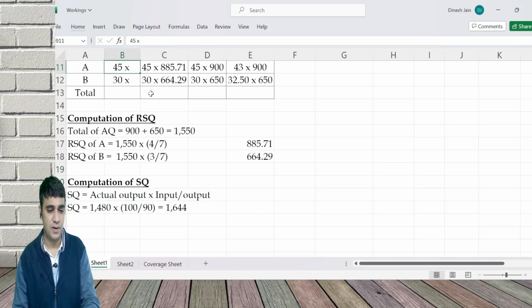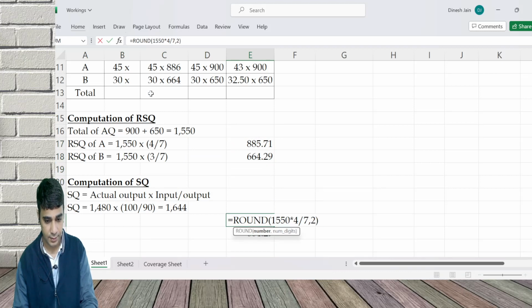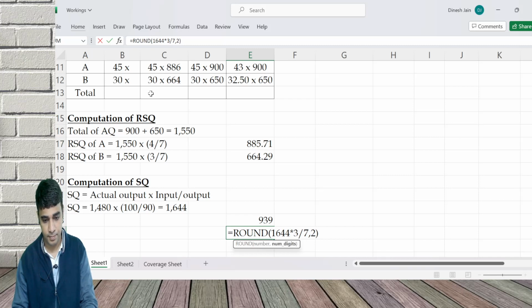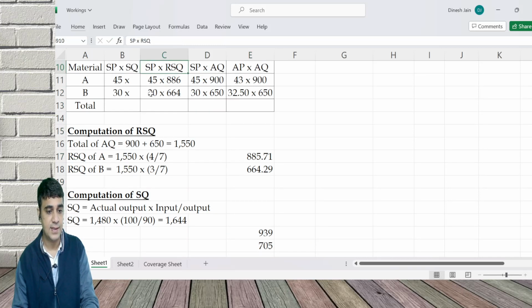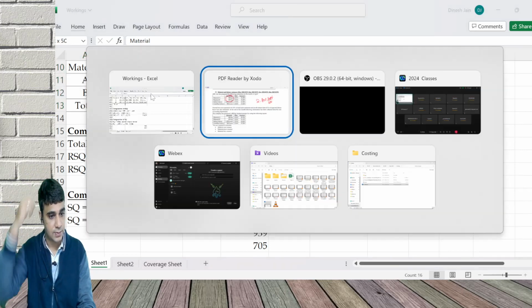I'll do rounding off itself here. 886, 664. 1644 in the ratio of 4 is to 3. 939 and 705. These are the numbers. Any doubts on this?